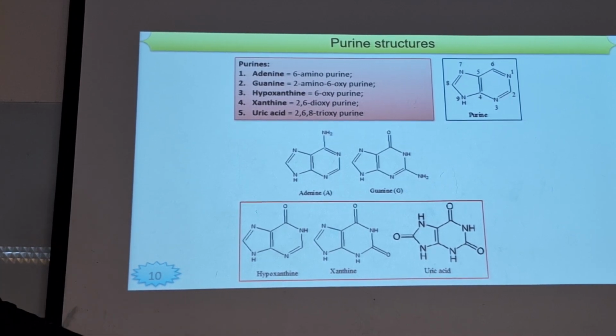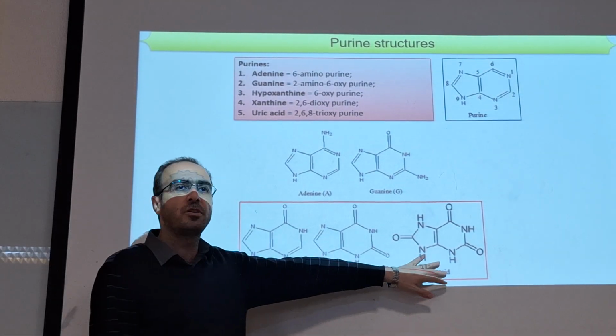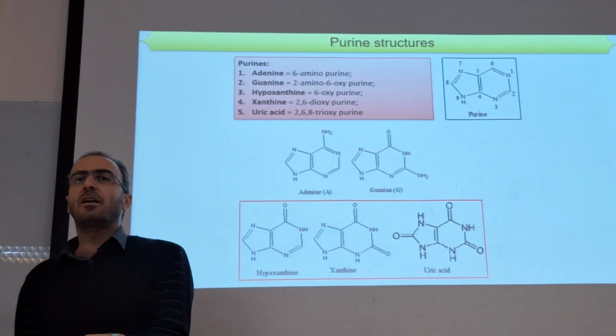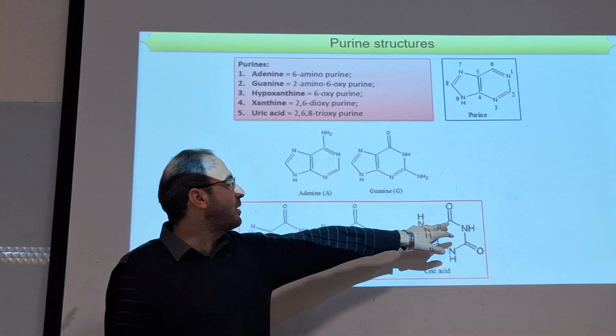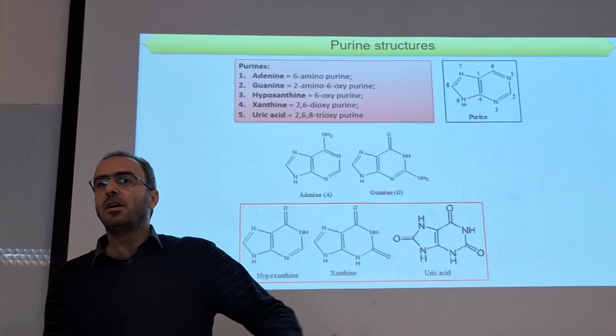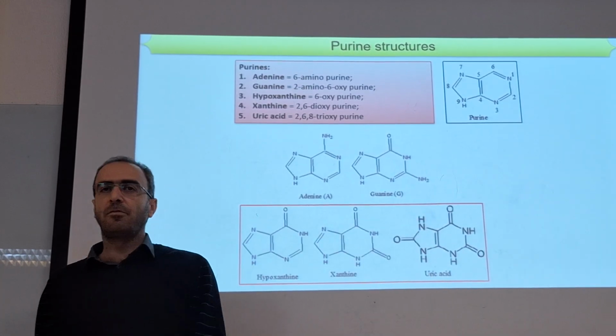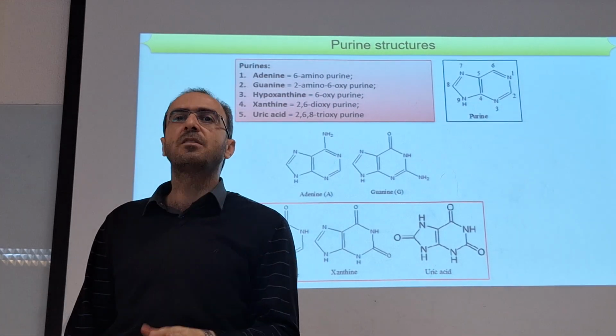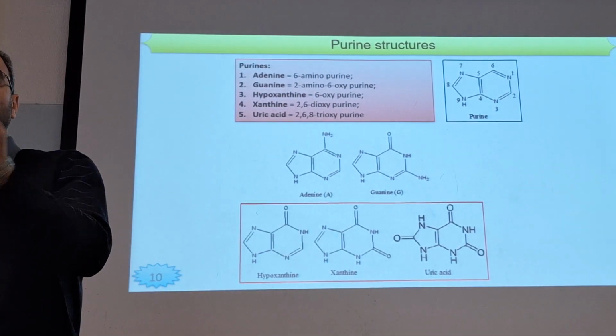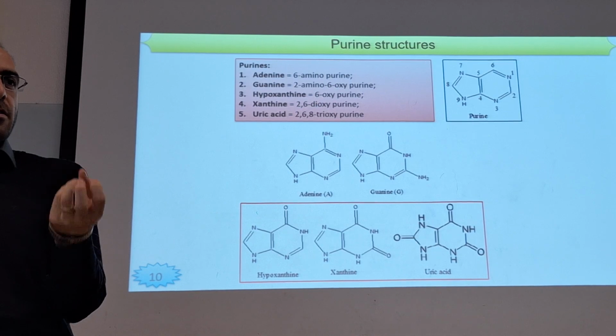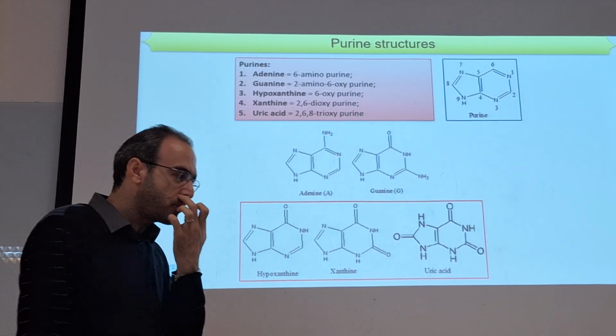Their structure is exactly like uric acid, but they have methyl groups. If we have one methyl group, it is theine. If we have two methyl groups, it is caffeine. If we have three methyl groups, it is theobromine.